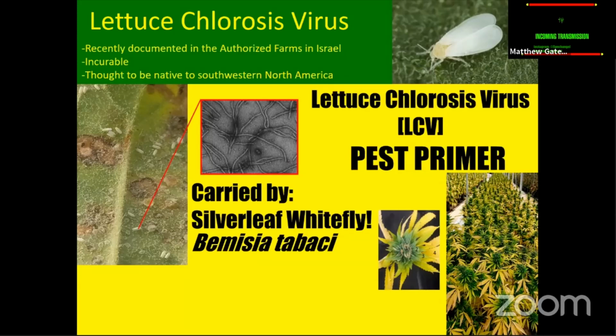Now, just because you see chlorosis doesn't mean that you have the LCV, but there are places where you might be able to test. I believe Medicinal Genomics has a test for LCV as well as other cannabis viruses. I think also beet curly top virus as well, which was also recently documented in the Midwest, particularly Colorado, and probably is in other places too, unreported.